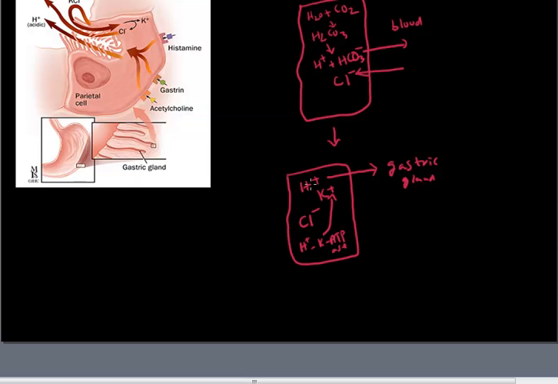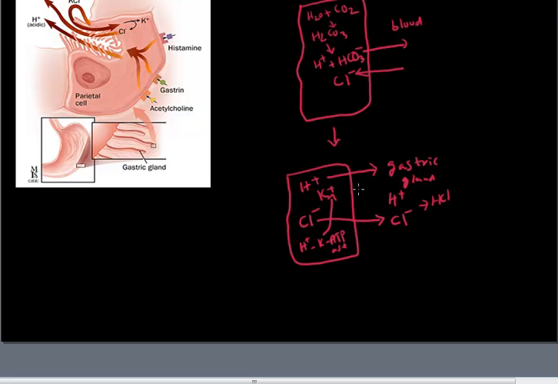So the hydrogen ion leaves the parietal cell to the gastric gland, and a potassium ion from the H plus potassium ATPase enzyme system takes its place. And chloride ions are greater in concentration in the parietal cell. So you have H plus here, and the Cl- ions also simply diffuse from the parietal cell into the gastric gland, where they combine to produce hydrochloric acid. So it's a slightly complicated process, the production of hydrochloric acid in the stomach.